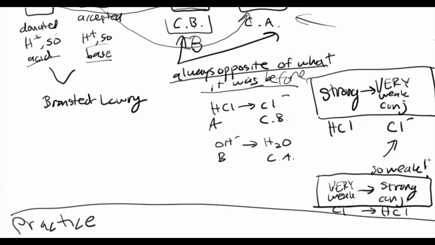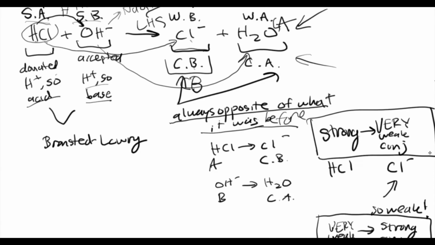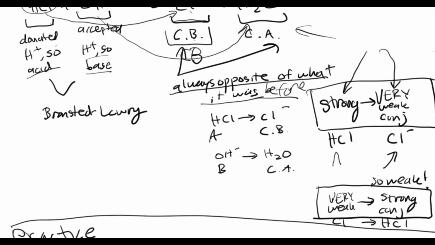Now, let's talk a little bit about how to determine whether it's going to be strong or weak. So, if you start off with something that's strong, the conjugate of it will be very weak. So, we have a strong acid. The conjugate of that, we know it's going to be a conjugate base. It's the opposite of what it was.